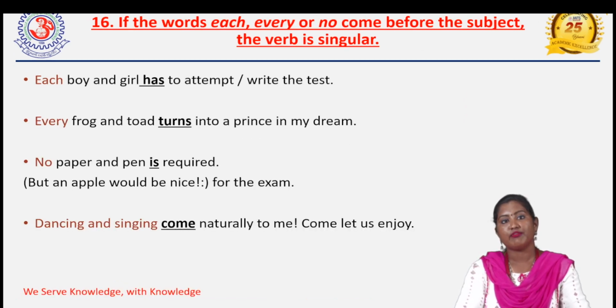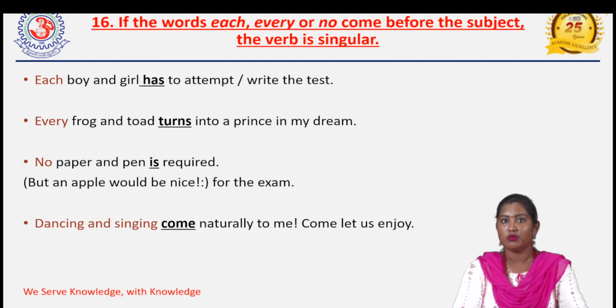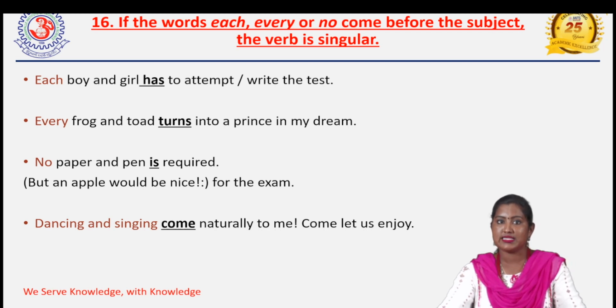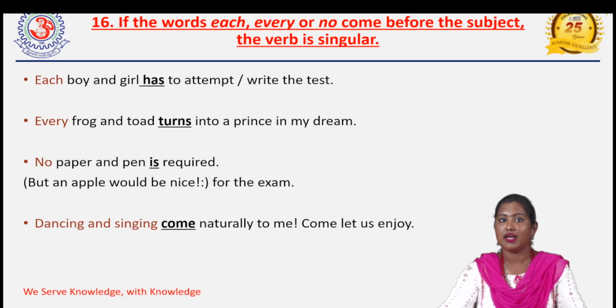Okay. If the words each, every, or no come before the subject, the verb is singular. For example, each boy and girl has, as we applied the previous set of subject verb agreement, here also we have to follow it. Each boy and girl has to attempt or write the test.